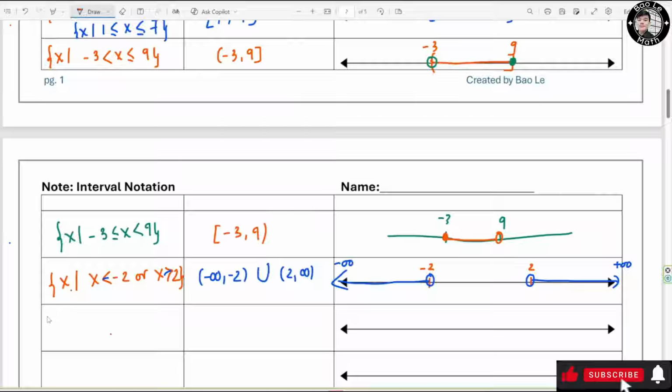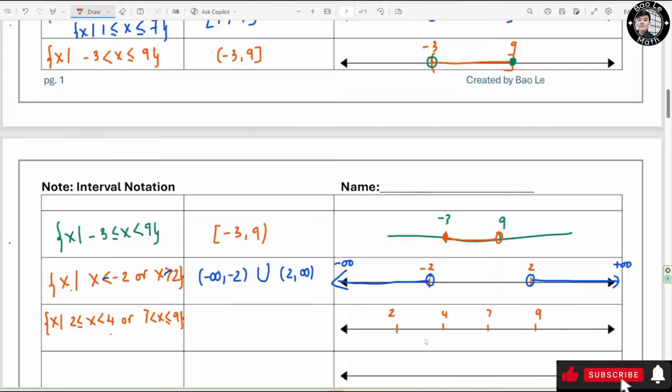Now suppose you have only numbers x such that 2 less than or equal to x less than 4 or 7 less than x less than or equal to 9. Alright, so we're going to plot this one on the number line: 2, 4, 7, 9.